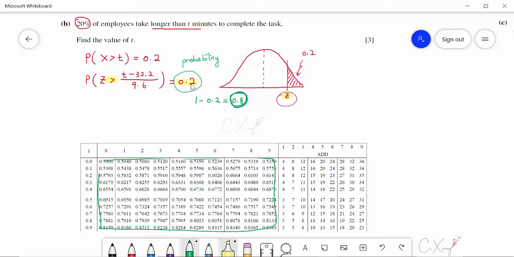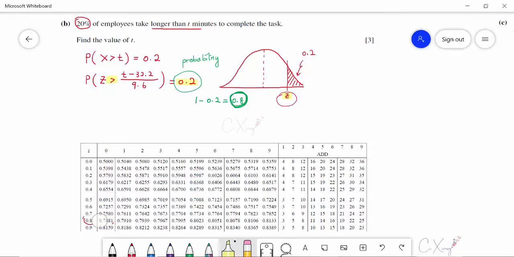Now, where is the 0.8? Again, a reminder: the 0.8 is the probability, not the exact value. So you cannot straight away look at the 0.8 and tell me that the exact value is this one. This is wrong.